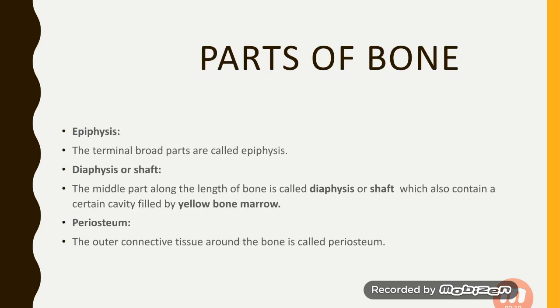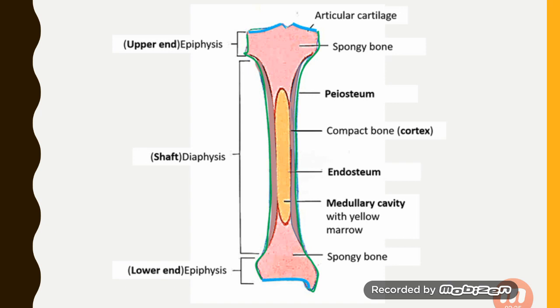Parts of a bone. First of all, I am going to show you the structure of a bone in the diagram. Then we will discuss its parts. So a bone has two edges which are broad. The upper broad part is called the epiphysis, or upper end epiphysis.